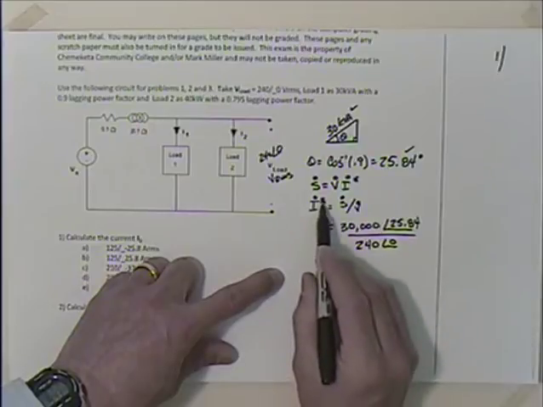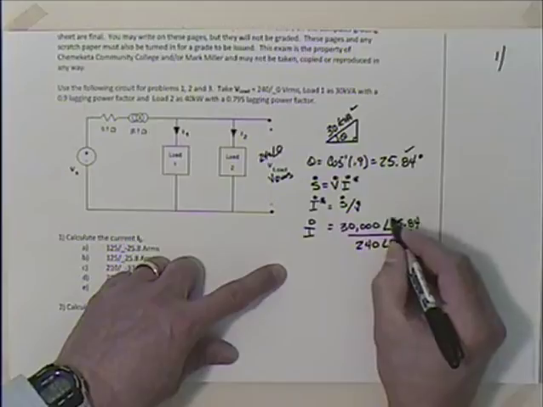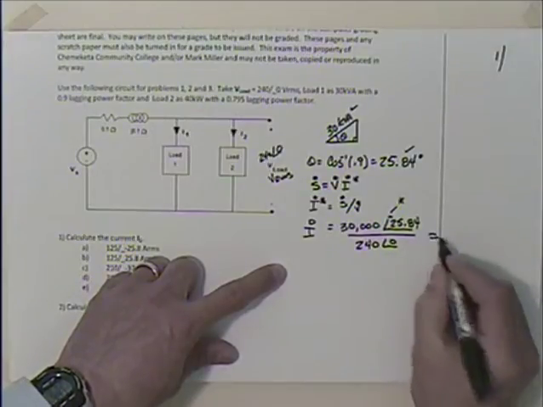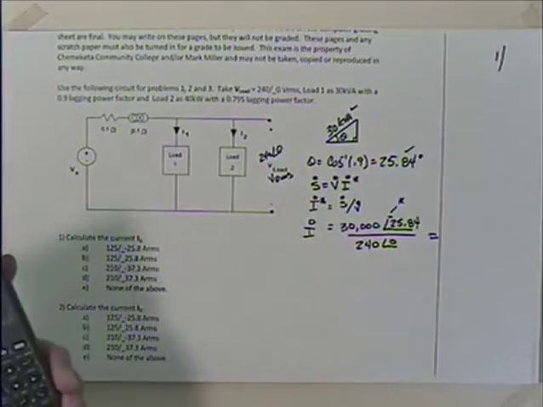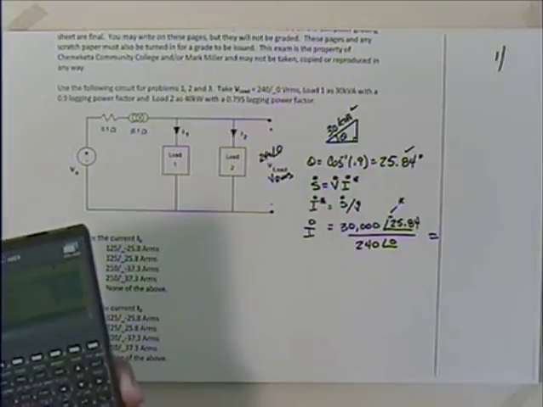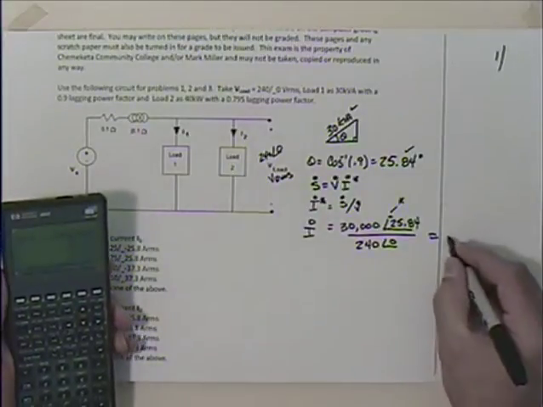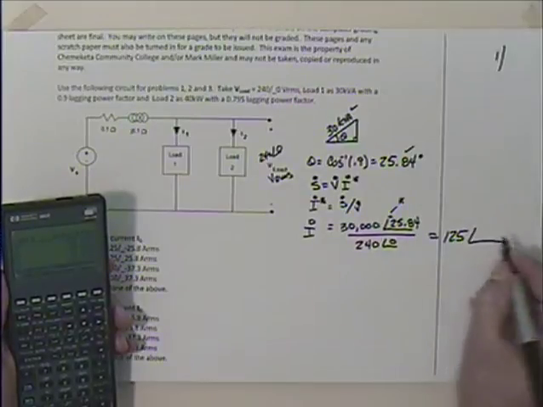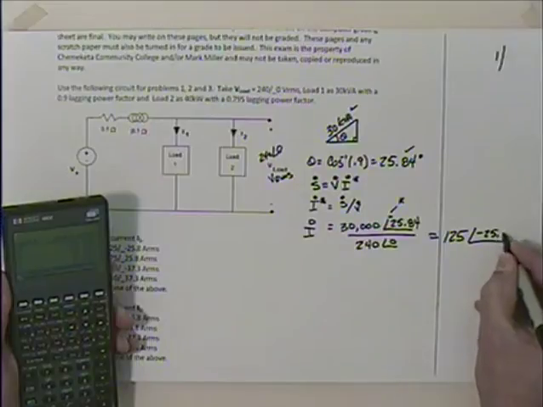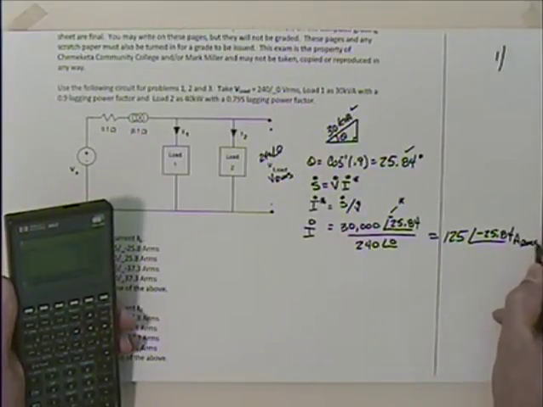Now, this is the conjugate, so if I want the actual current here, I'm going to have to put a negative sign there. That comes from the conjugate. If I run through that, 30,000 over 240 comes out to be 125 at an angle of, again, minus 25.84, and this would then be amps RMS.